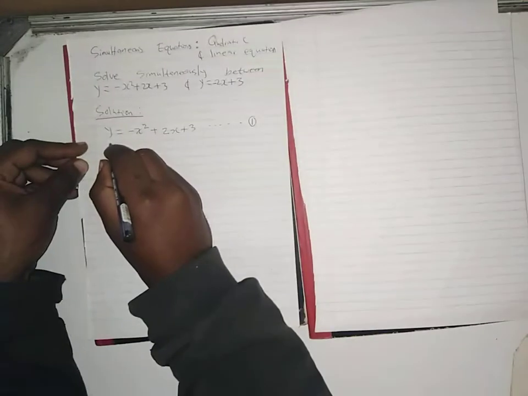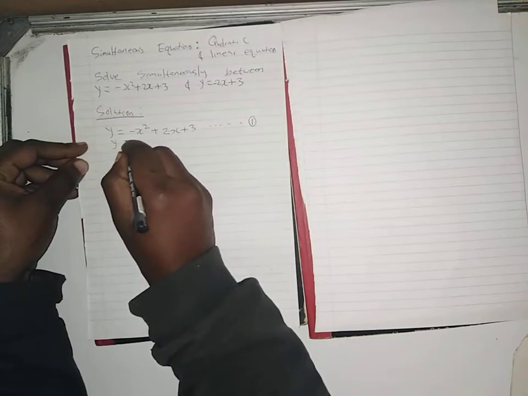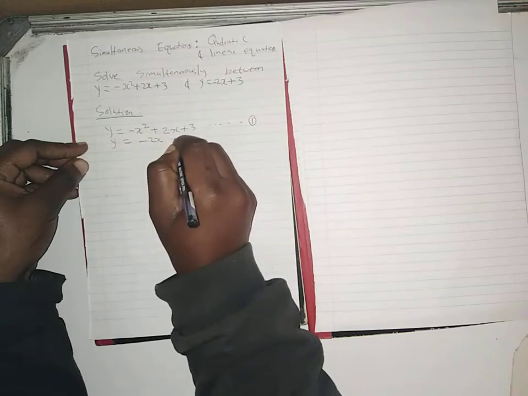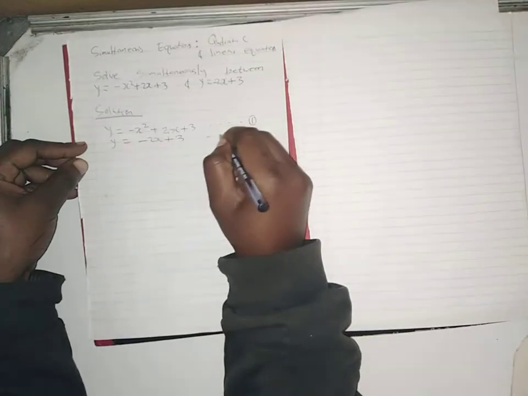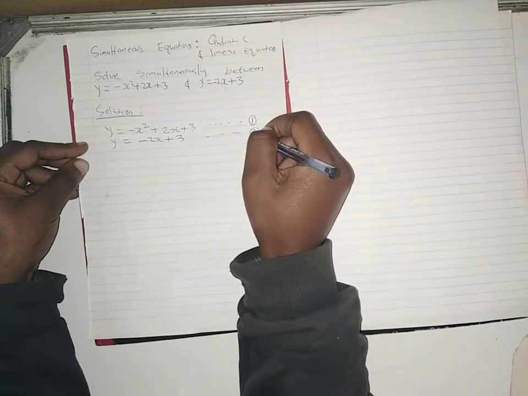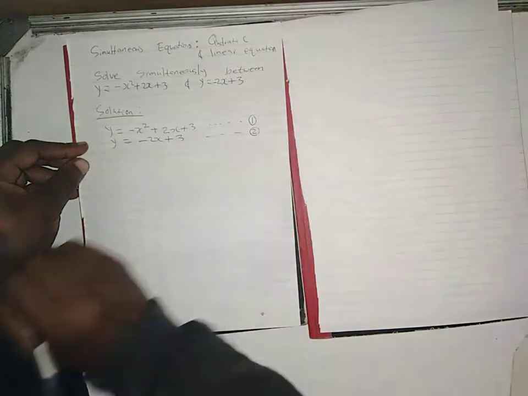And then the second one is y is equal to minus 2x plus 3, and call this one equation number 2. Can you see? You've got equation 1 and equation 2.